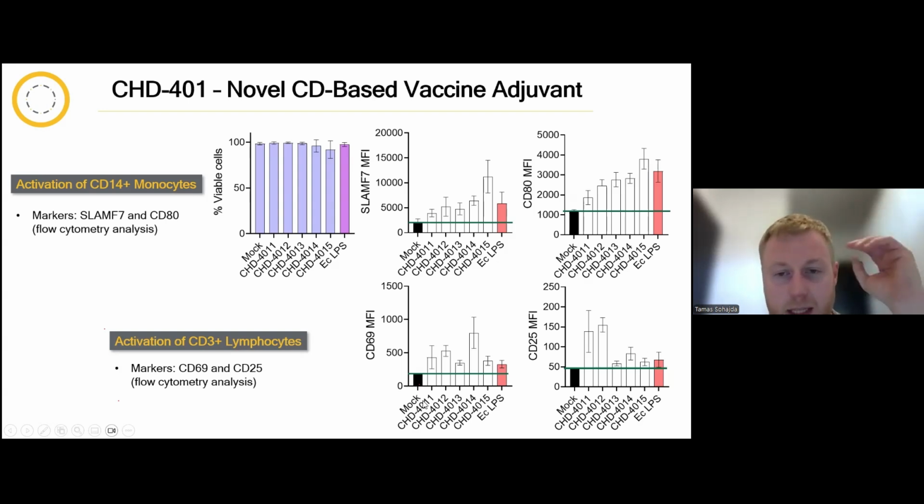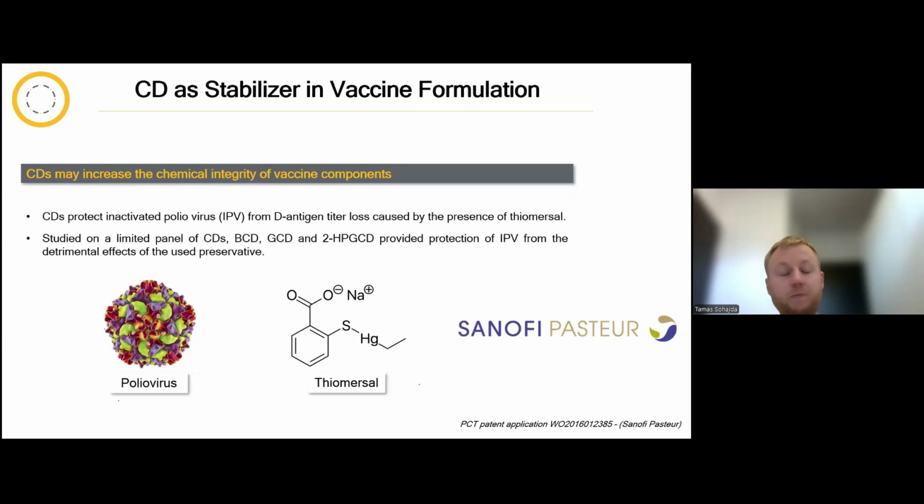In some cases, they do not trigger any immune response, and in some cases, the immune response that they trigger is bigger than that of E. coli lipopolysaccharide. I cannot really disclose the end of the story, but it certainly warrants the research of cyclodextrins as a novel class of vaccine adjuvants, which is one of my favorite potential new applications for these molecules.